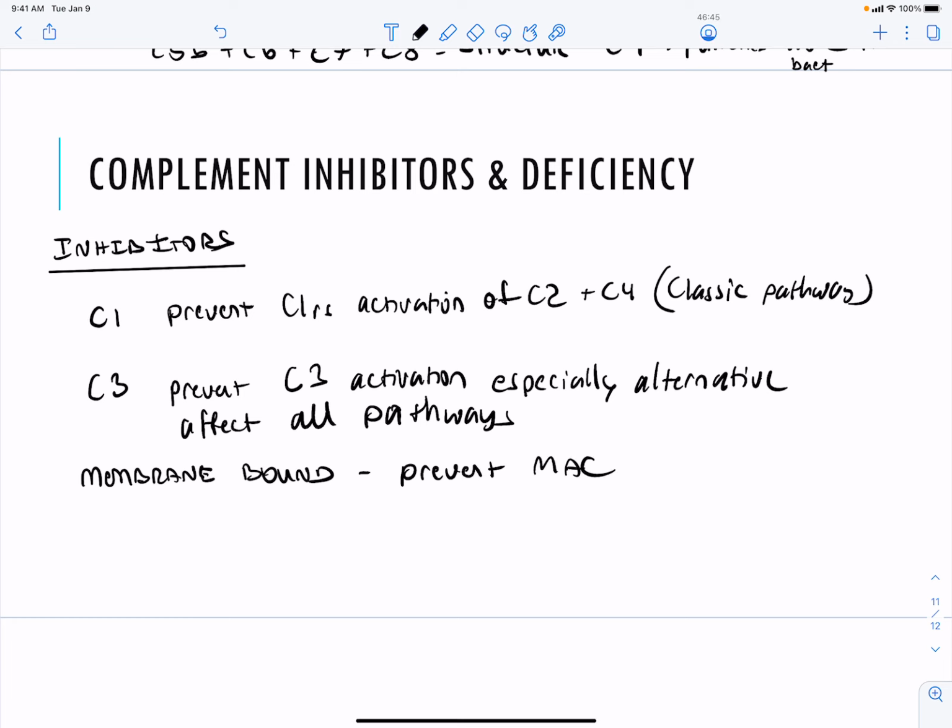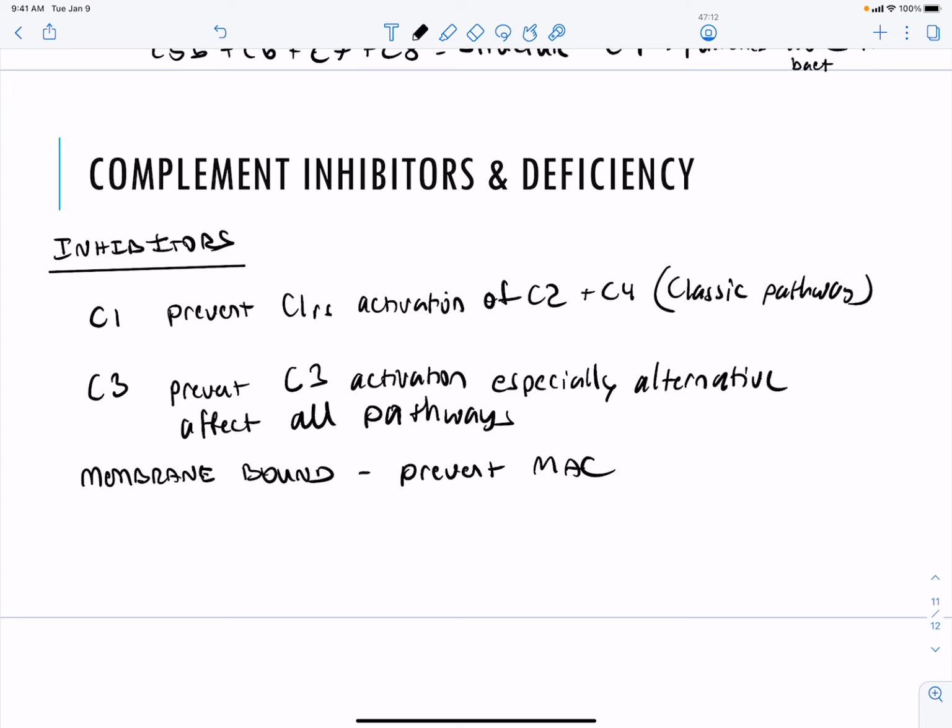These basically are proteins on the surface of our cells that, if complement is activated, MAC will not punch holes in our own cells. So they prevent the formation of the C5b, 6, 7, 8, and hence 9 cannot punch a hole. Bacteria don't have these proteins, so the MAC complex is very efficient at punching holes in the bacteria.